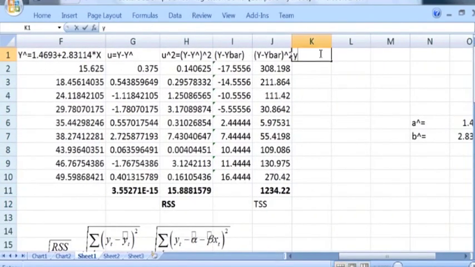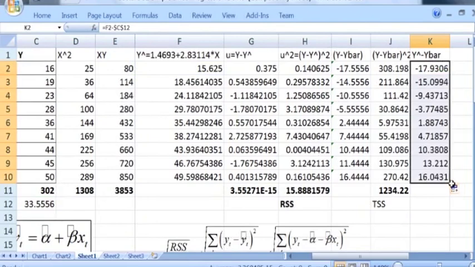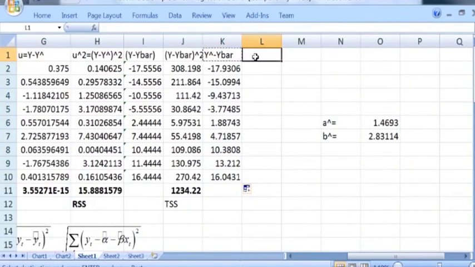So here, y hat minus y bar. This is y hat, F2, minus y bar, which is located in C12. Use the dollar signs to fix it. That's it, press enter and copy it down as well. So we have calculated y hat minus y bar, and in the end we need to calculate (y hat minus y bar) whole square.